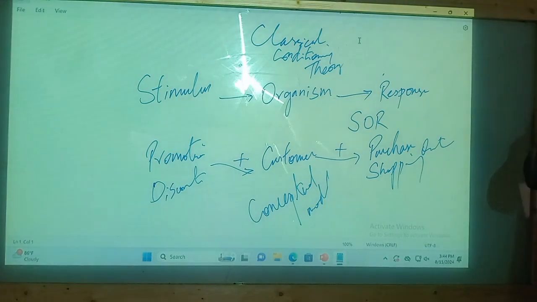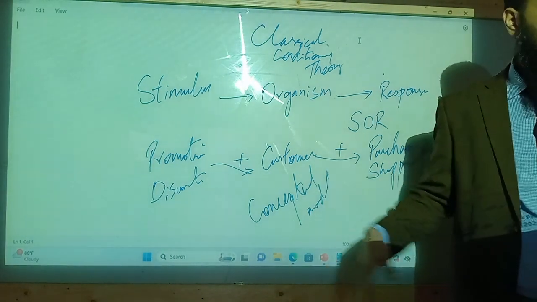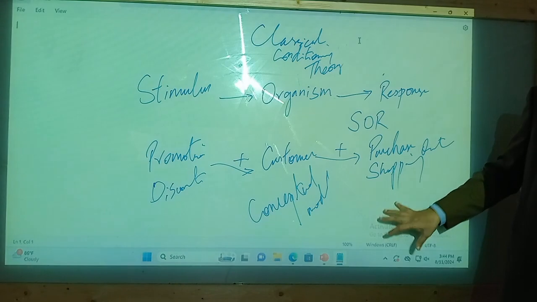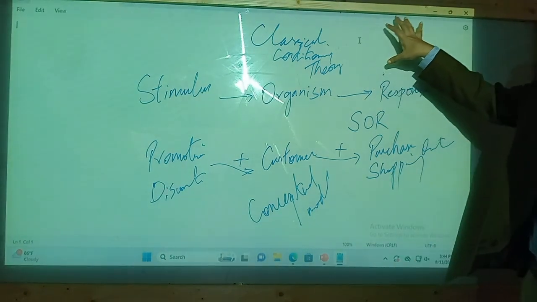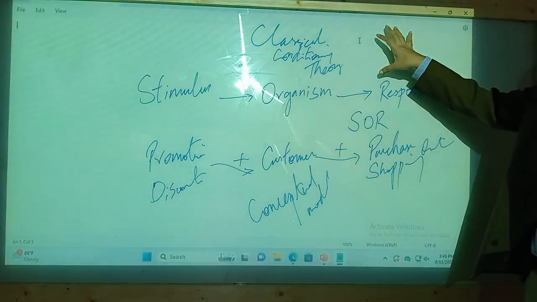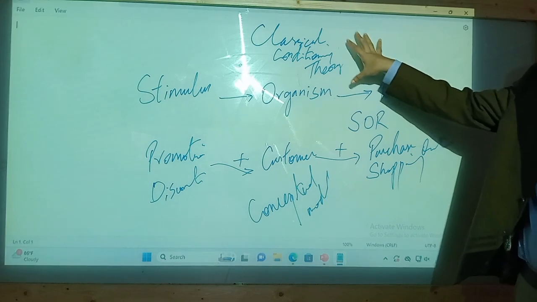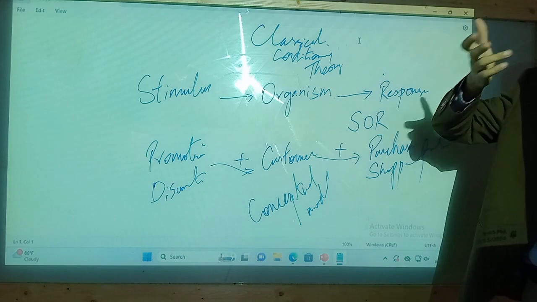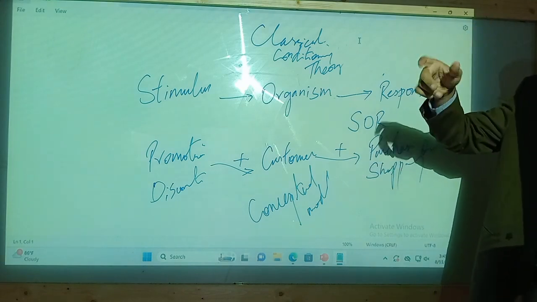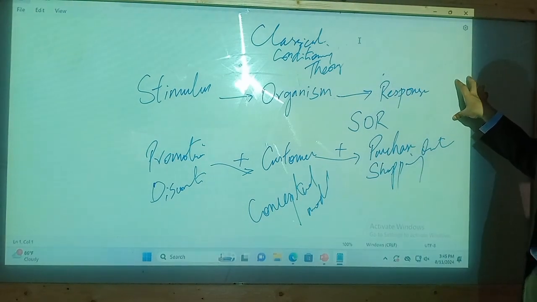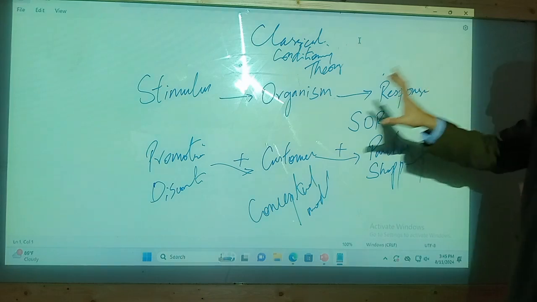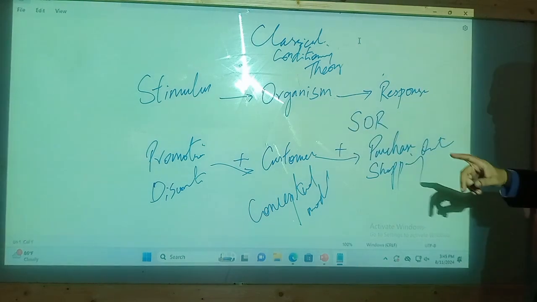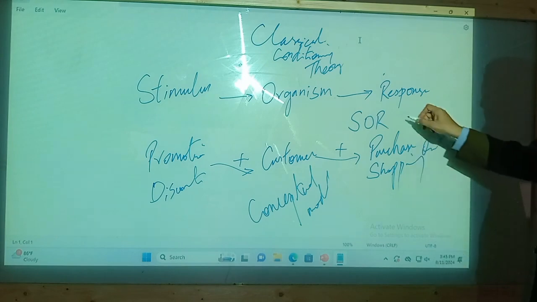I am just summarizing this concept again. The theory is classical conditioning, and it says that when a stimulus is given to the organism, there will be a certain response to it. That is called the SOR model.